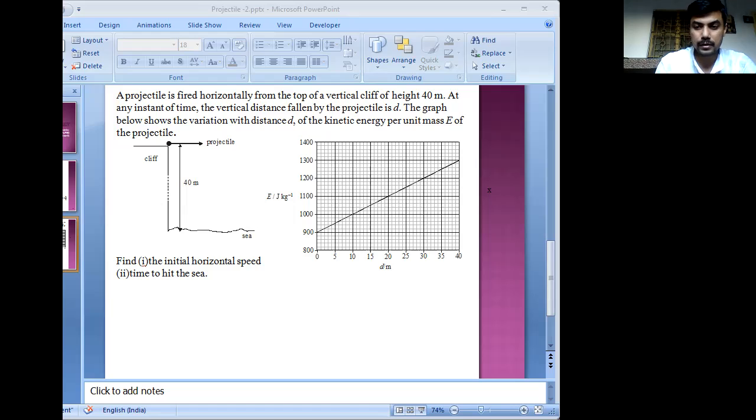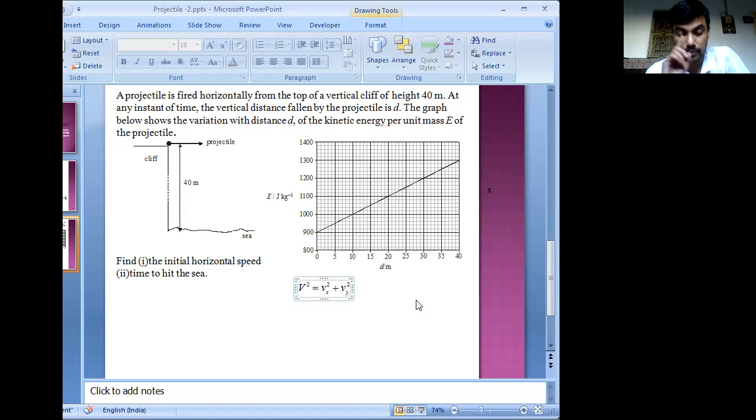Try to guess it; you should know it if you have gone through vector resolution. So first of all, this is how the resultant velocity should be written. Now Vx square we don't know, that is what we have to find out. Vy square obviously we do know, because we can use v square equals u square plus 2as, the conventional equation of motion, to express this, and that should be written as something like this.